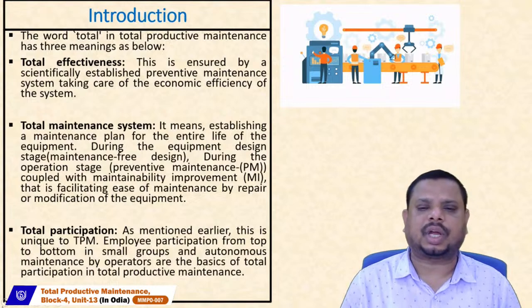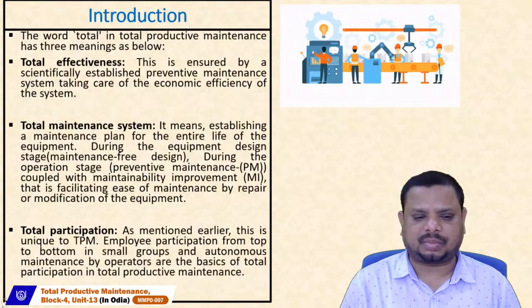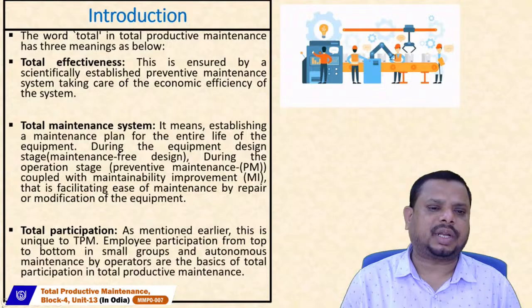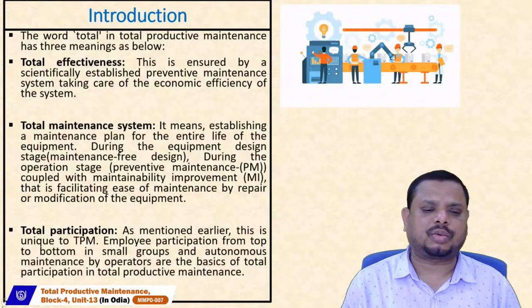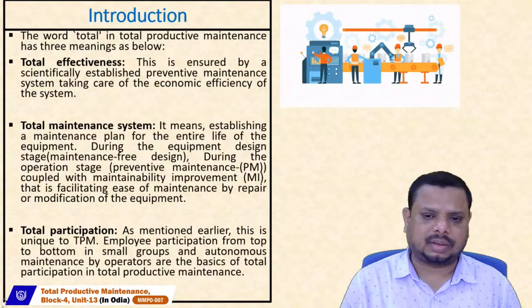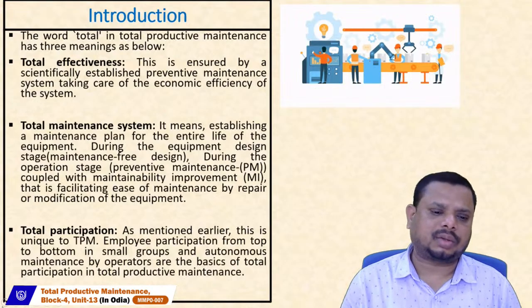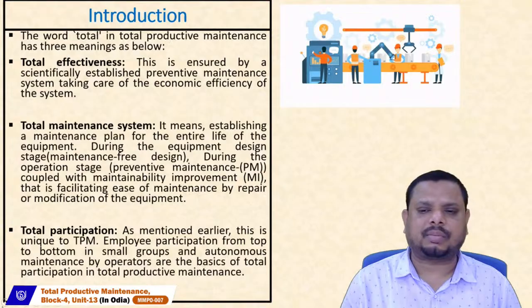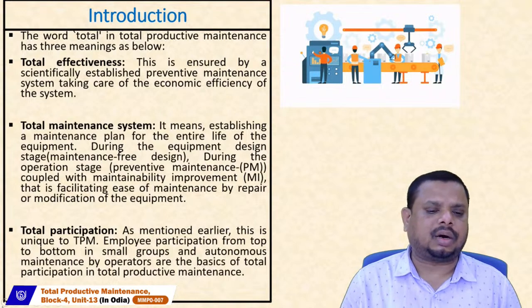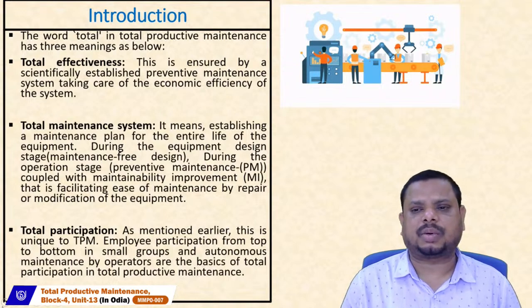The next one we have is known as total participation. In case of total participation, as far as the maintenance departments are concerned, small groups are formed, and they provide continuous maintenance activities throughout the system, throughout the plant, throughout the organization. And in some cases, through small groups and autonomous maintenance, the operators themselves can also participate in total productive maintenance.